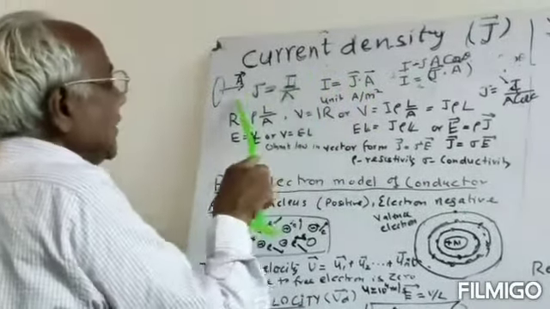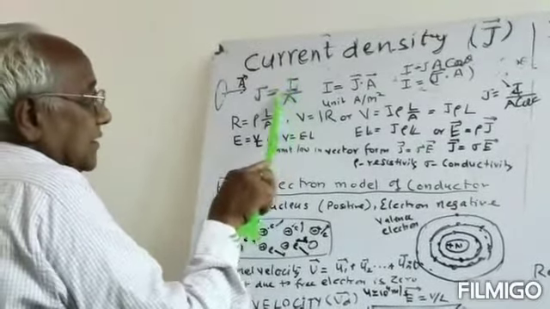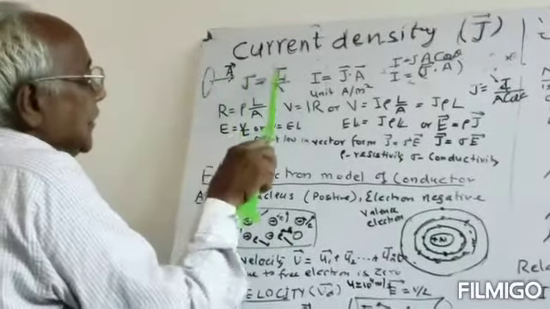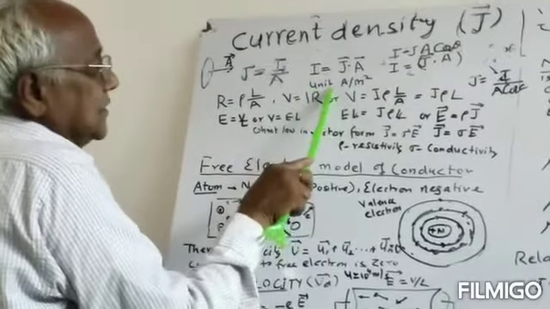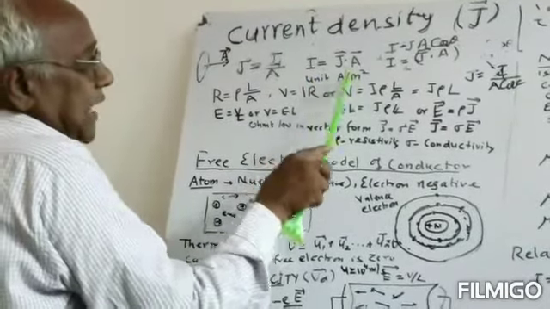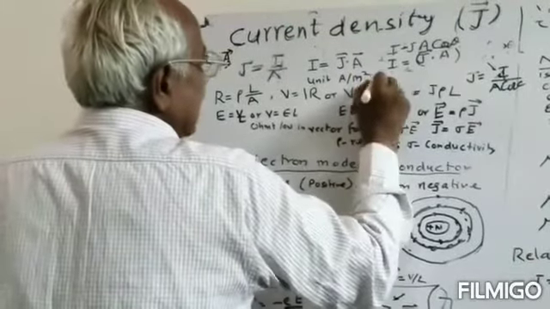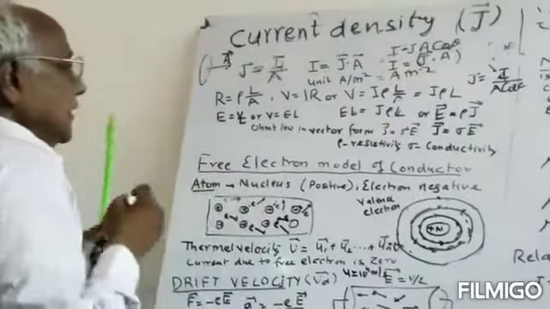The unit of I is ampere and the unit of area is meter square, so its unit will be ampere divided by meter square, A/m², or we can also write it as A m^-2.